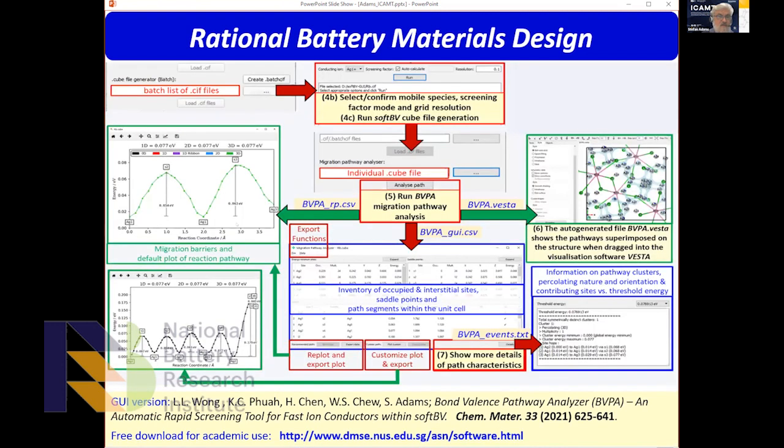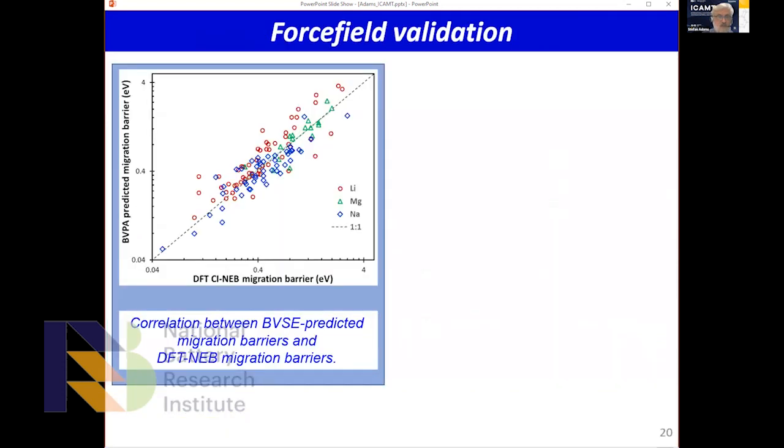You can see what the migration barriers are, which translates into the activation energy for transport, and how much faster transport becomes at higher temperature. You can see where in the crystal structure the ions can move. You can predict which dopant would work for this material.